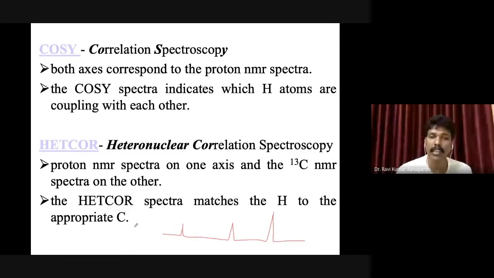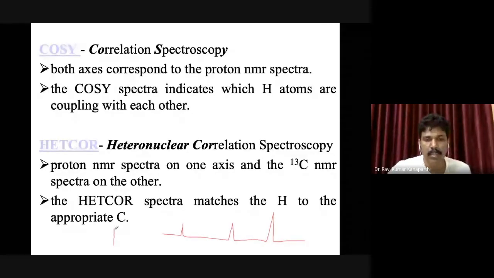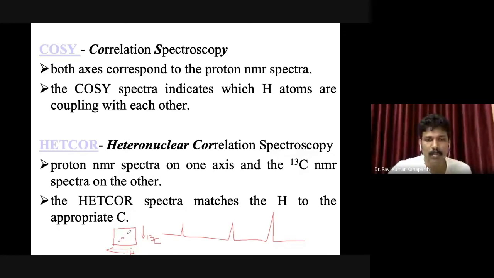In that HETCOR plot, what you obtain is this. This will be your proton delta scale, but then this will be your 13C. This is very useful. So you will get peaks, and if you see a correlation peak here, then you say that this is a carbon and this is a proton, and there is a correlation between this proton and this carbon.